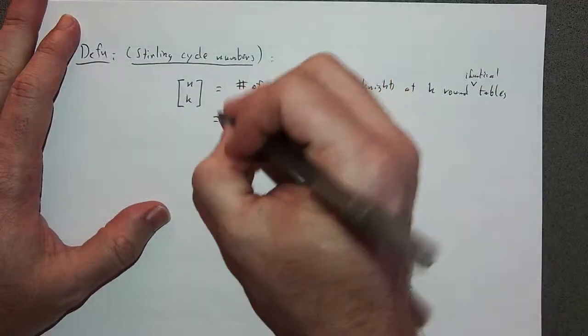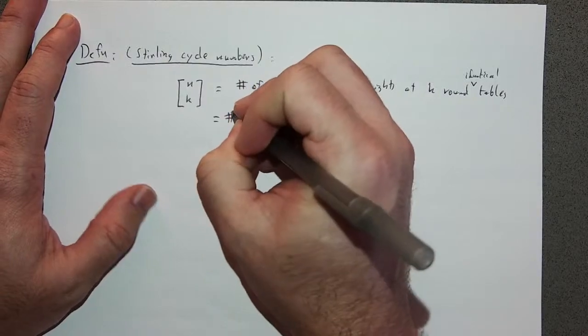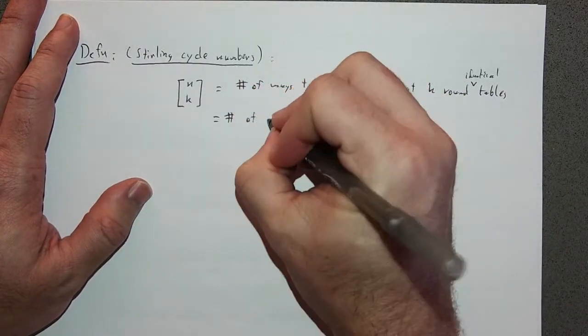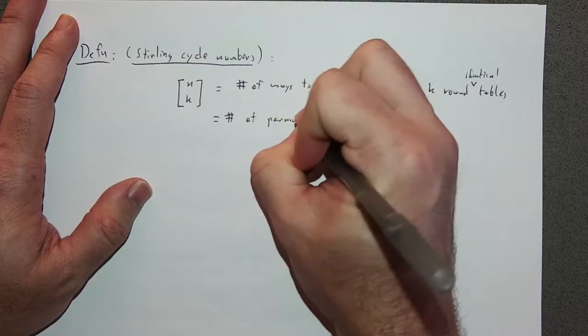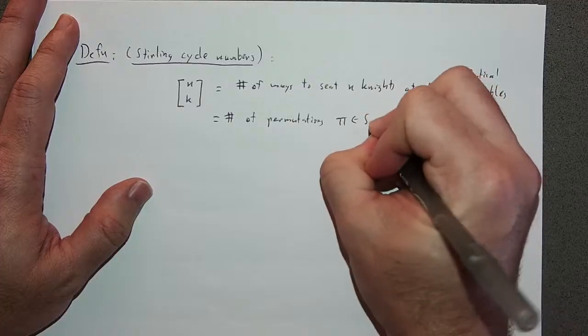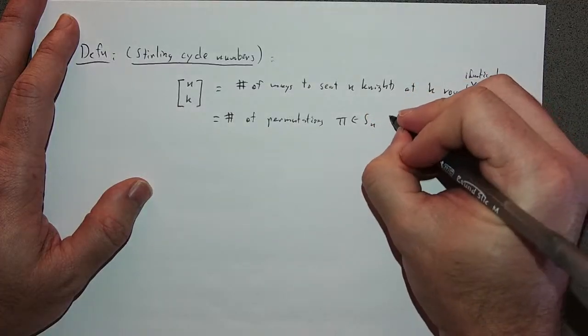This is the number of permutations pi in S sub n having exactly k cycles.